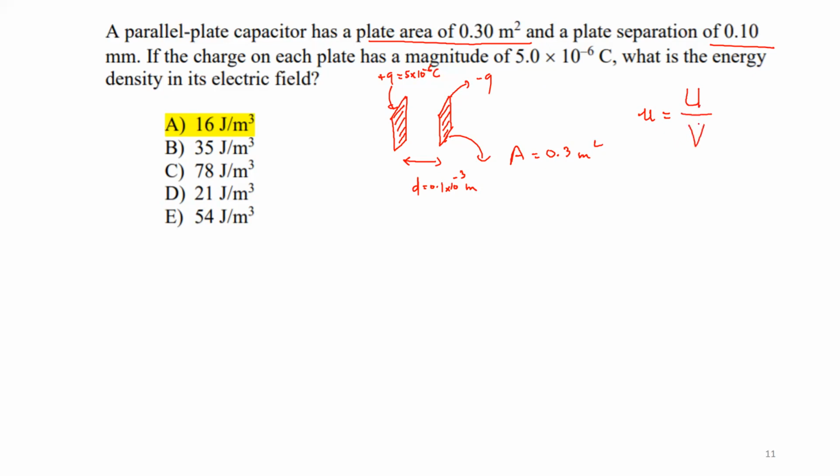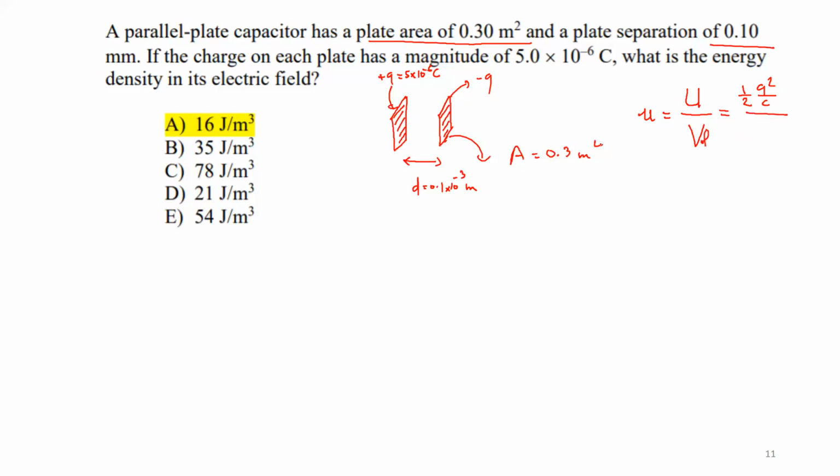Okay, it's an energy divided by a volume. Energy in joule divided by a volume in meter cube. So what is the energy, the potential energy stored by this capacitor? It's half Q square divided by C and divided by the volume.